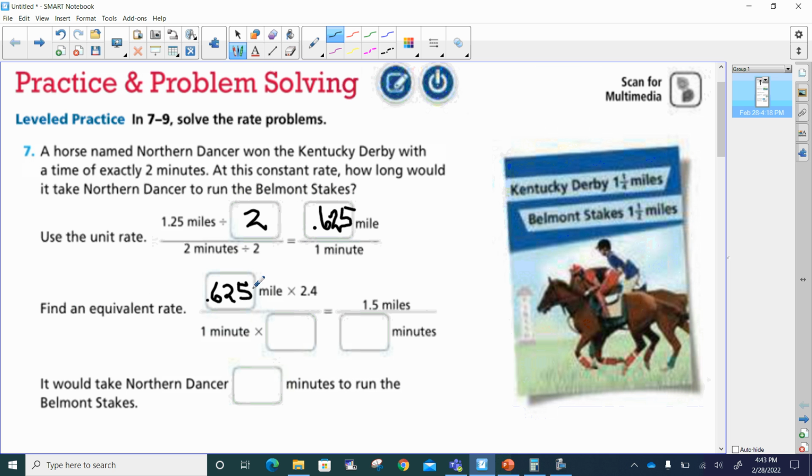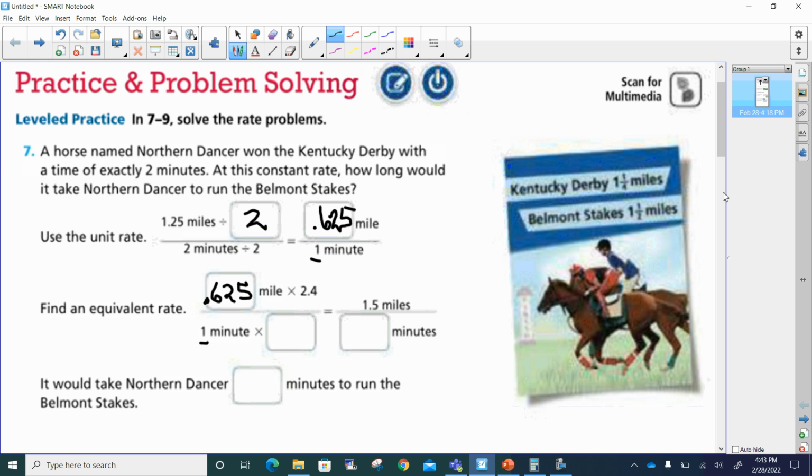It says find an equivalent rate because I have 0.625 over 1. I knew it was 0.625 because the minute it said 1 minute, I knew that's what we did in 1 minute. And now it shows us multiplying it by 2.4 and it equaling 1.5 miles over some minutes.